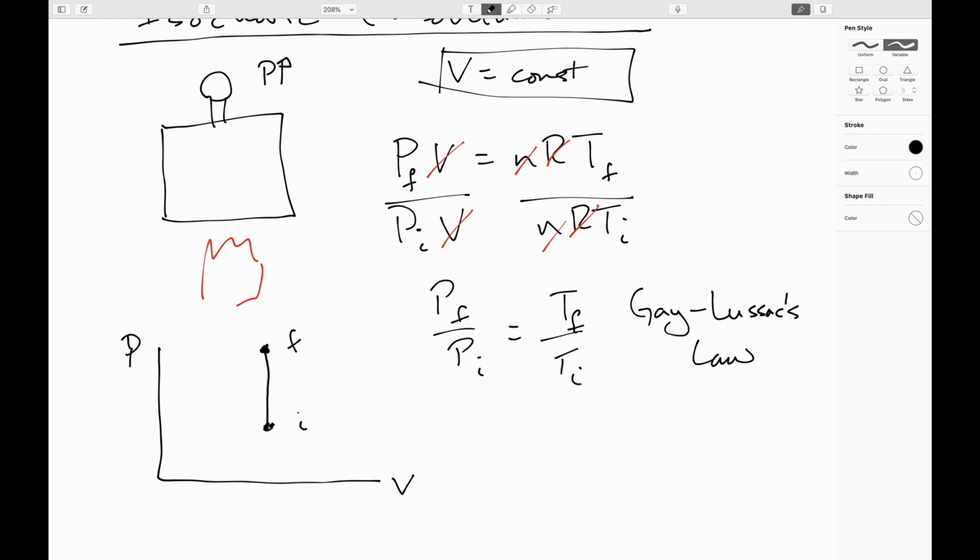So here, and then you just draw whatever the path is that connects your initial to the final with an arrowhead to help guide the viewer to figure out which way you're going. So this is not a graph. It's just saying, hey, I started at this pressure, now I'm at that pressure. And the volume didn't change because the volume's a constant.